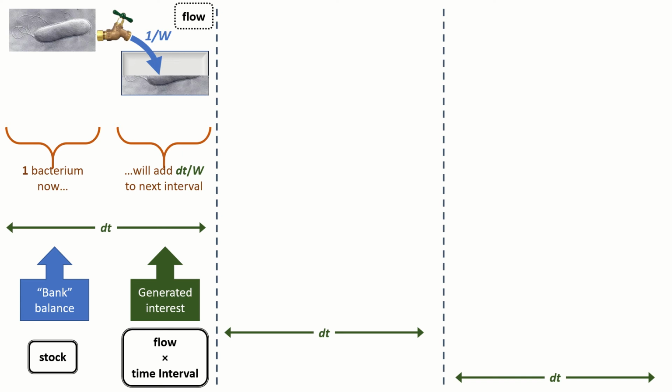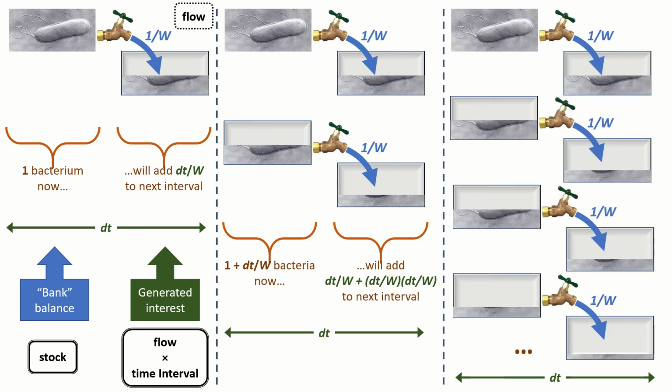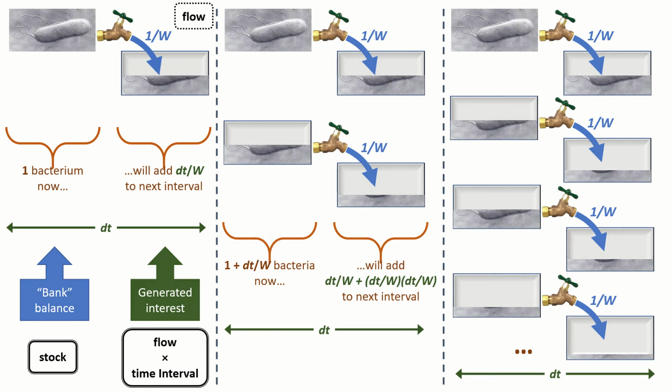The biologists tell us that every bacteria takes on average W time to double, so we create a flow rate per bacteria of 1 over W. If we take that flow rate, multiply it by the number of bacteria, and then multiply that by dt, that gives us our interest. That gives us how much we're adding to the next balance. And then we redo that again. I took this interest, added it to the balance, a new balance, and now both of them are generating at this same 1 over W rate that generates new interest, and so on. So that's the basic structure of this simulator.